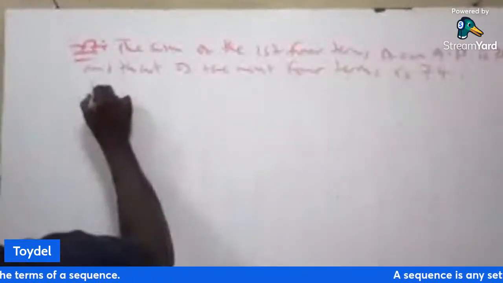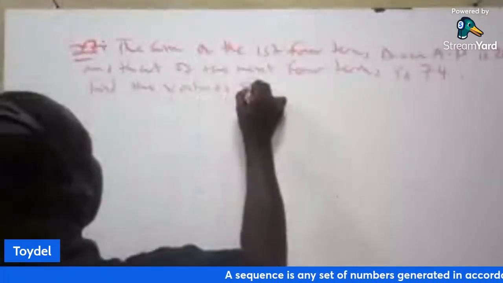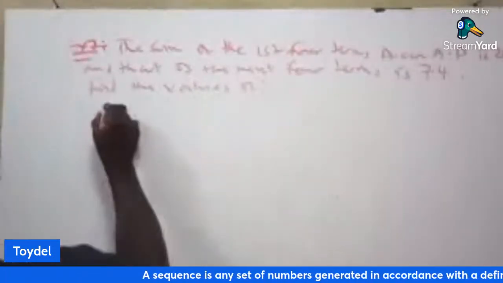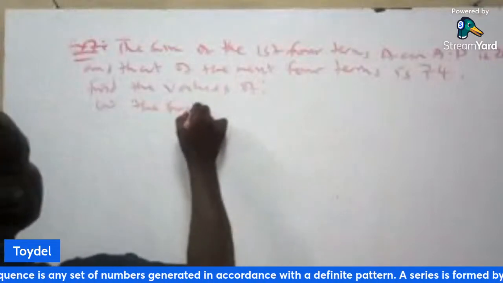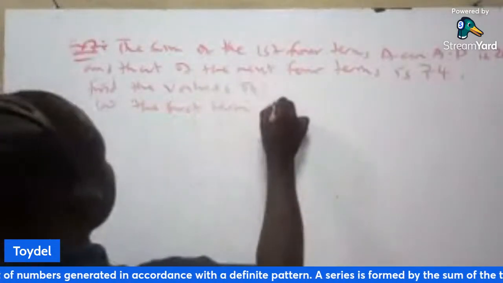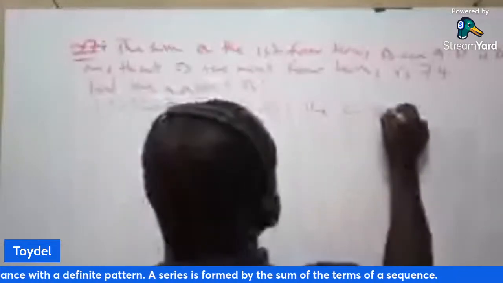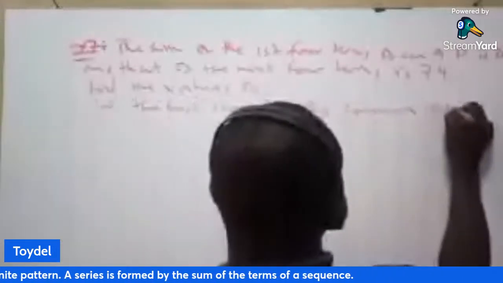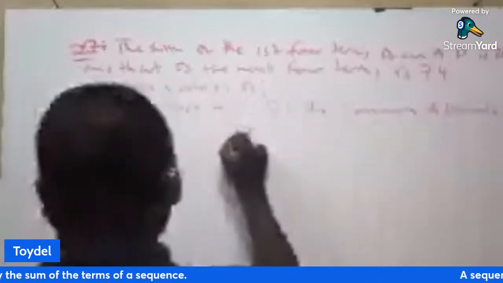So the question now says find the values of the first term, a, and then the second question, the common difference. So in this case now, we are going to list what we are given.